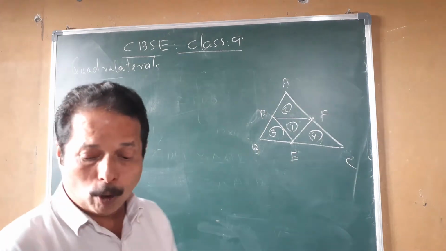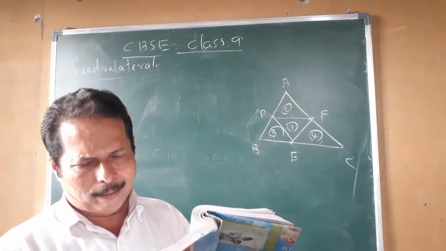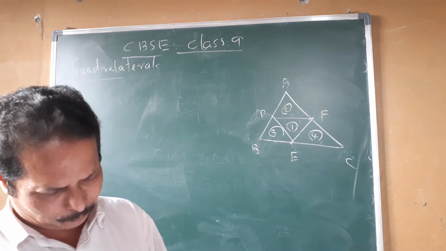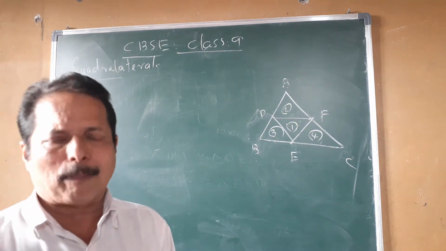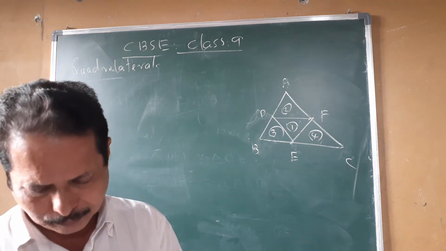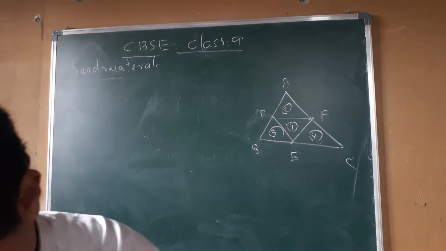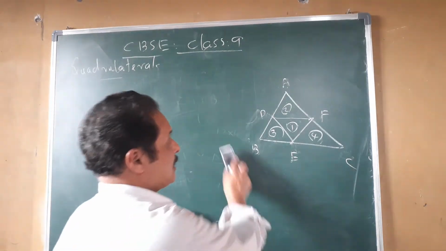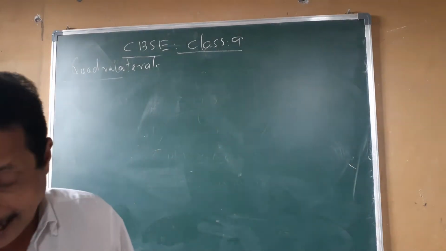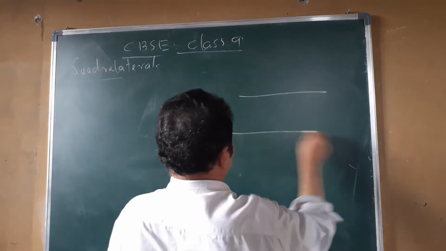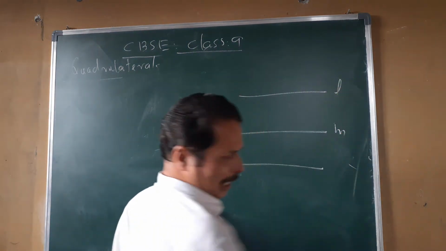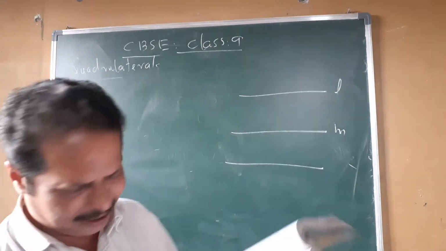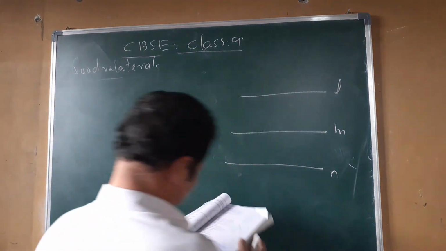Let's see the problem that is on page number 149. Are you ready? Then another problem. The figure is given on the same page. L, M and N are parallel lines.